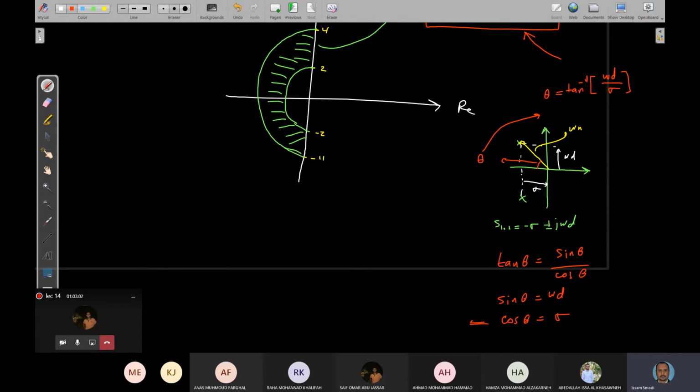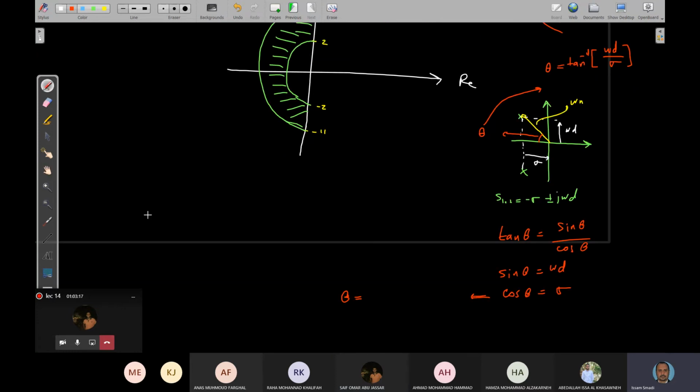So now theta is equal to what? Cosine inverse of sigma. And let's simplify it in terms of zeta and omega. So now I will get theta, which equals tan inverse of omega d, which equals omega n square root of 1 minus zeta squared, over sigma, which is omega n zeta.